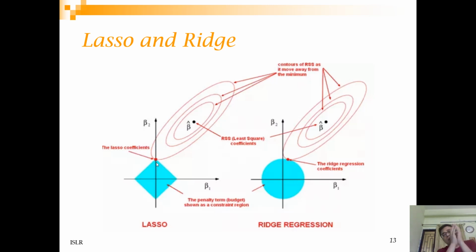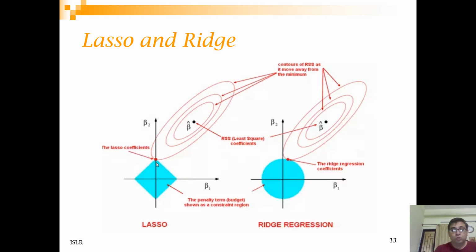So this is, at a very high level, the concept of why for Lasso some of the coefficients can be 0. As you increase the number of features, a lot of coefficients will hit these sharp edges and go to 0.